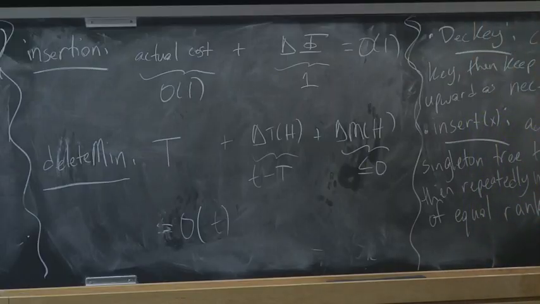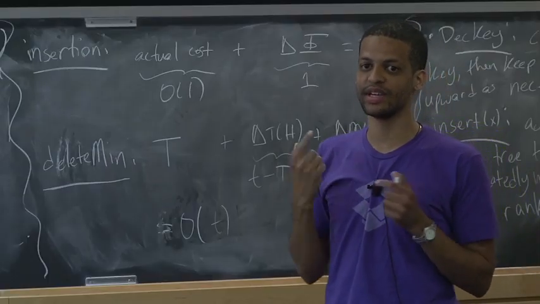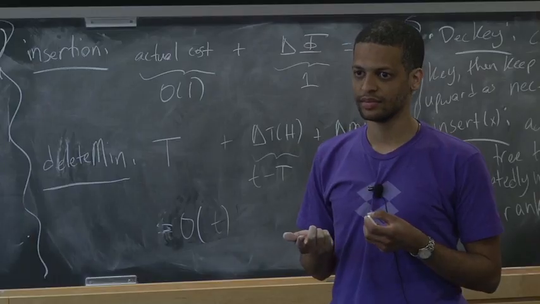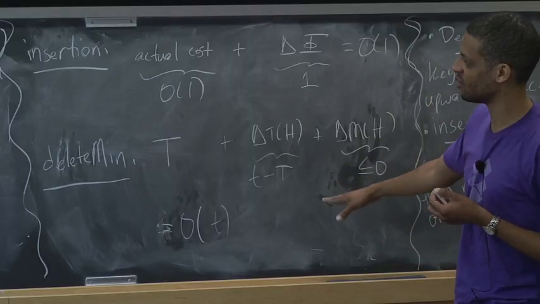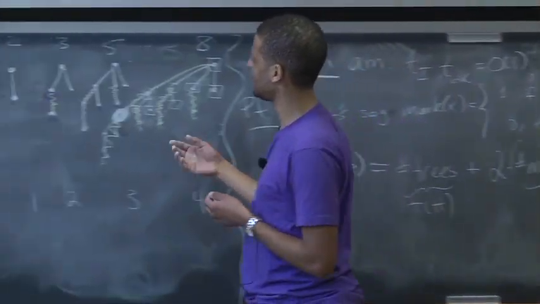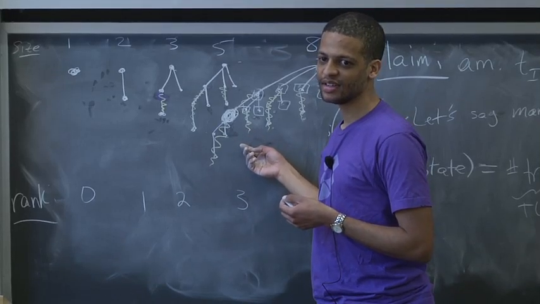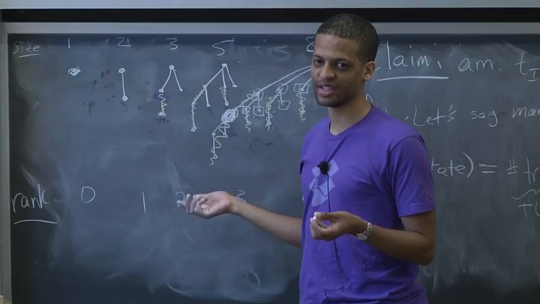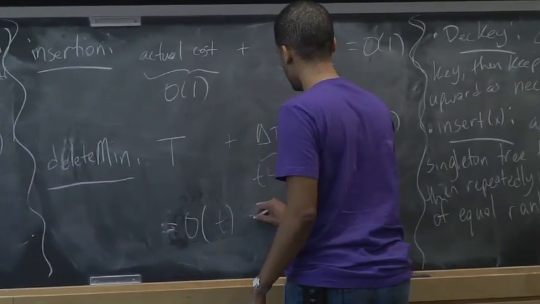But remember, when we actually do the consolidation during a delete min, we will enforce the previous binomial heap constraint that at most one tree of a given rank exists. We didn't prove it yet, but we're going to prove that sizes grow like the Fibonacci numbers, and Fibonacci numbers grow exponentially. So this will be O of log n.